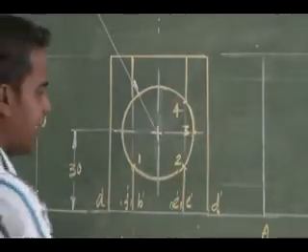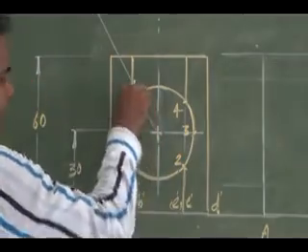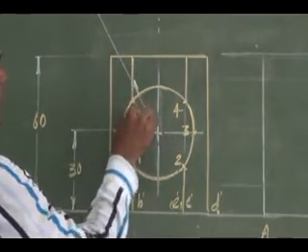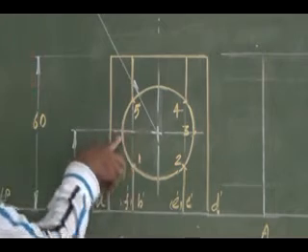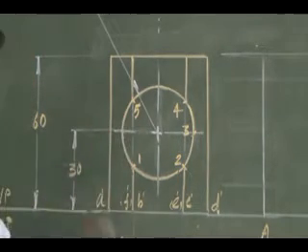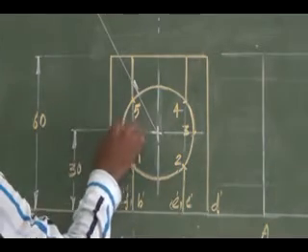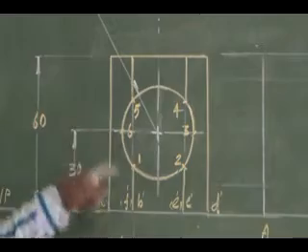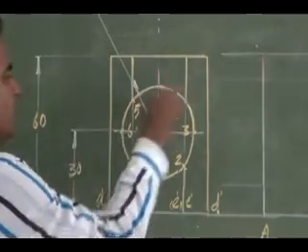Similarly it cuts the vertical edge B here, that is my cutting point 5. Then I have the extreme in this slant face of the front view, that is my cutting point 6. So totally I have marked 6 cutting points in my front view.